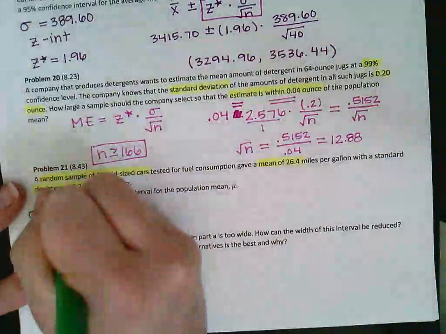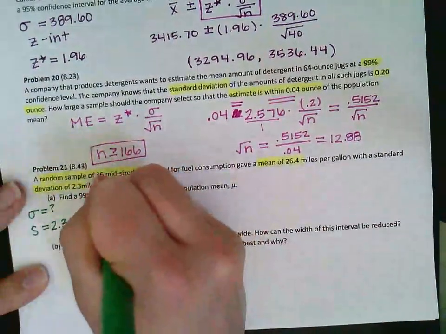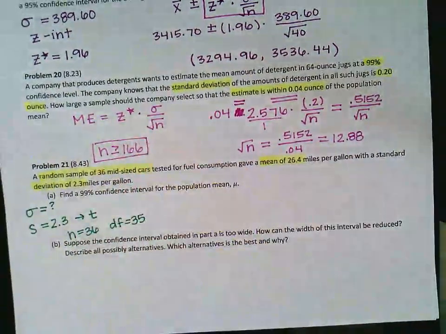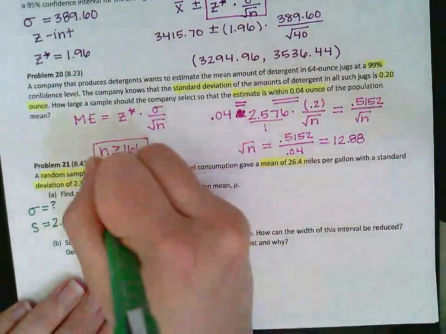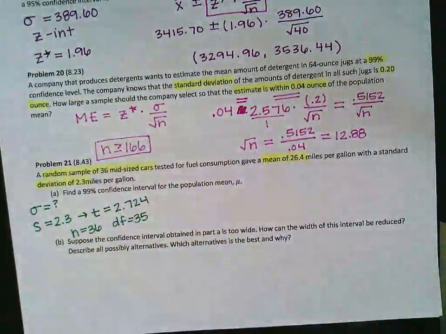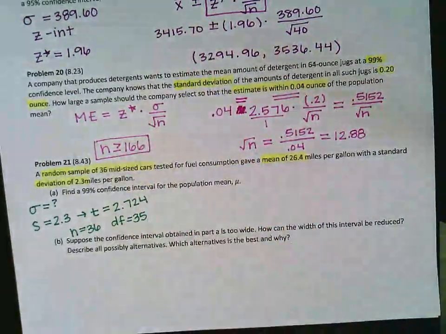Okay, now my degrees of freedom for that t distribution is n minus 1. And so if you go and you look up in the back of the book, or if you go to the calculator and you try to figure out what that t value is going to be, you get 2.724. Okay, I'm then going to plug into the very same or very similar formula as this, just instead of z, I'm going to use this t star.